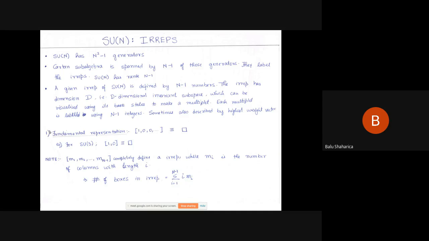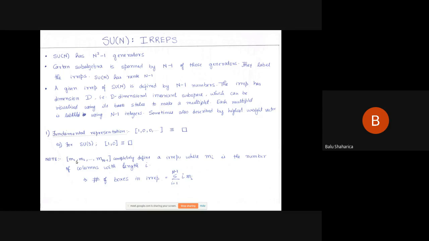And so the fundamental representation is given by, for SU(N), its length is N minus 1, so the fundamental representation is given by 1 and the others are 0, and that is represented by just one box. This is an example here. For SU(3), the length is 2.